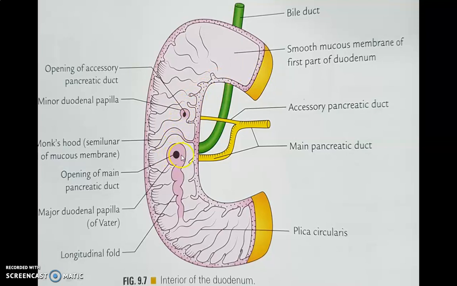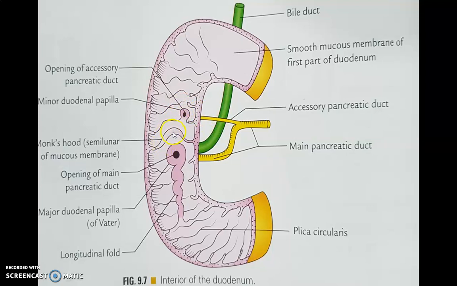At the summit of this papilla there is an opening, where the bile duct and the major pancreatic duct open. Another opening you can see is called the minor duodenal papilla, which is lying 6 to 8 cm distal to the pylorus, and here opens the accessory pancreatic duct.